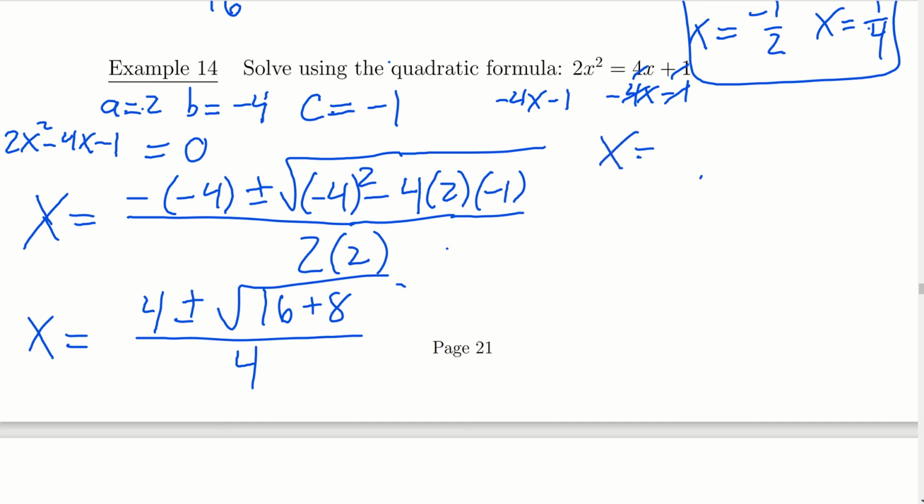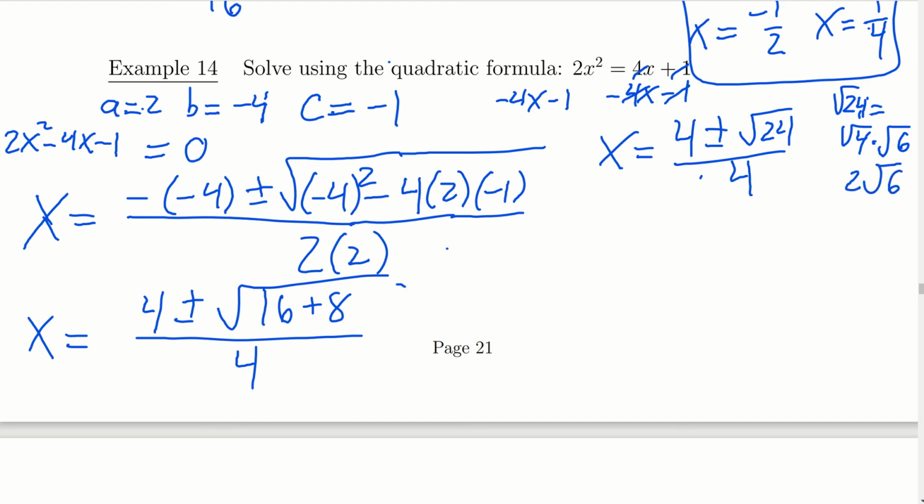We get x equals 4 plus or minus the square root of 24, all divided by 4. Notice that the square root of 24, even though 24 is not a perfect square, is divisible by the perfect square 4. You can write this as 4 times 6, where the square root of 4 is going to be 2. So the square root of 24 will reduce to 2 square roots of 6.